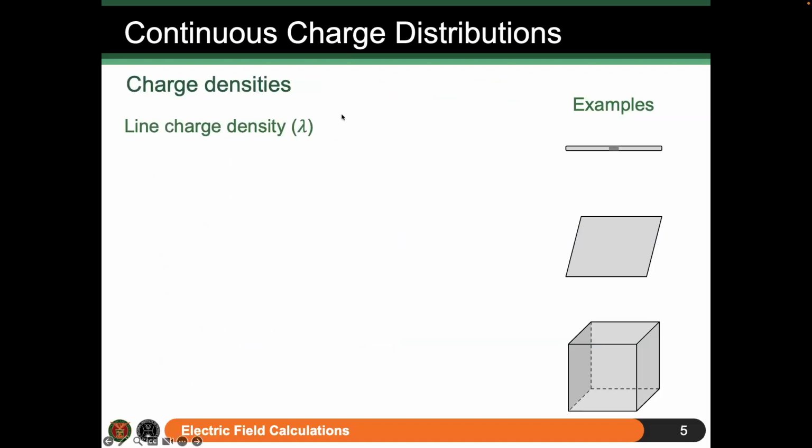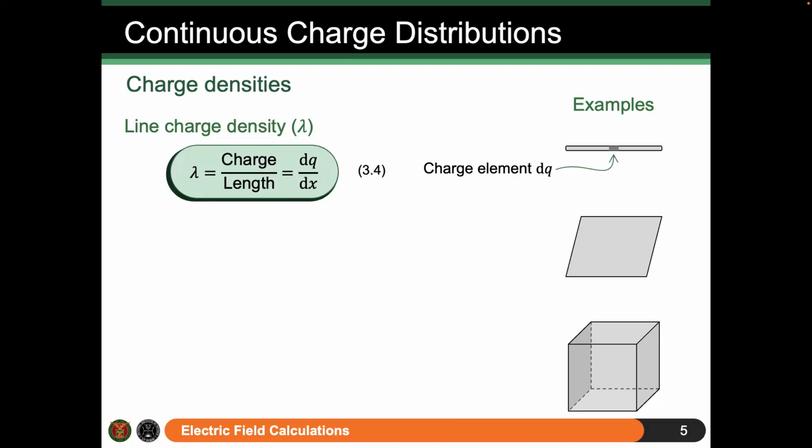For each of these continuous charge distributions, I think you might have encountered in your math series that when you have continuous charge, we want to take into account an element or infinitesimal element of our system. So for line charge density lambda, the infinitesimal element of charge dq is proportional to that line charge density.